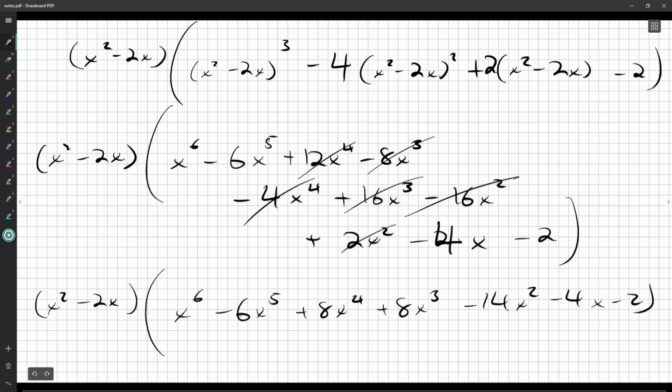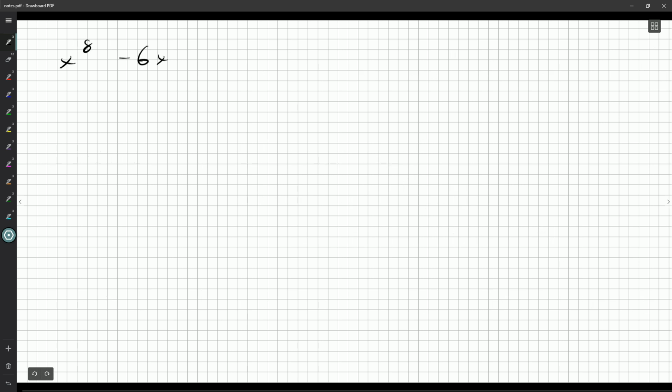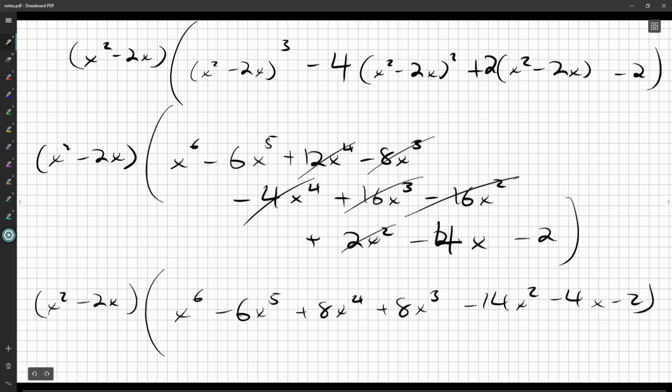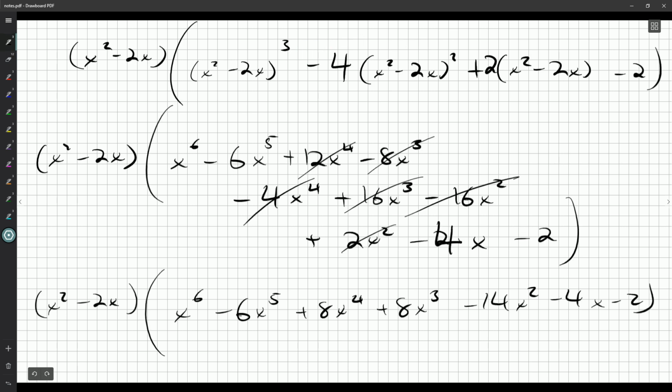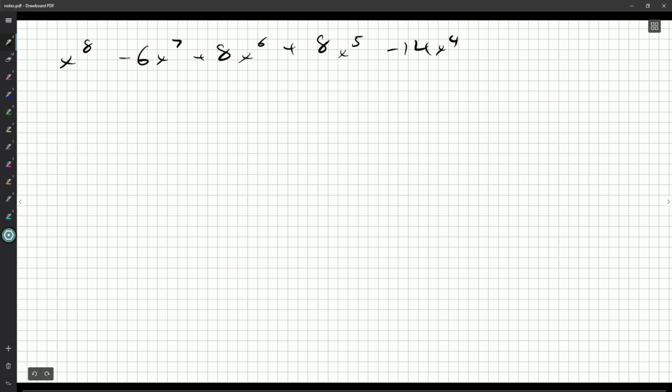X to the 8 minus 6x to the 7 plus 8x to the 6 minus 14x to the 5. Oh, now it's minus 14x to the 4. It's plus 8 x to the 5. Minus 4x to the 3 minus 2x squared.